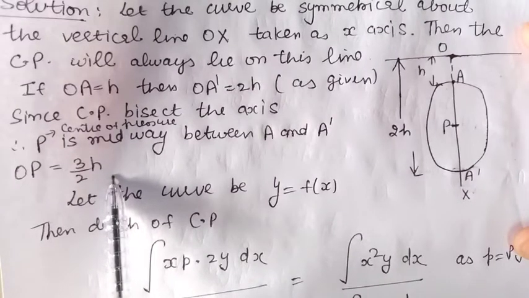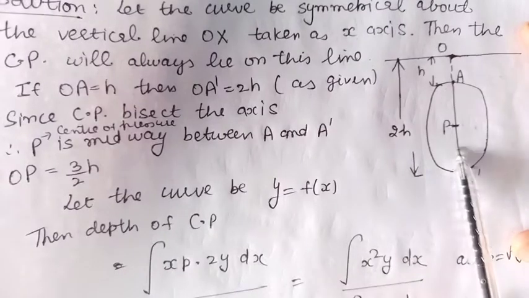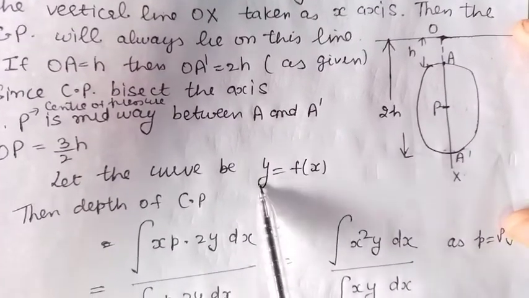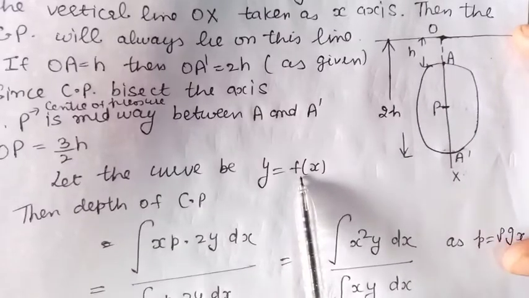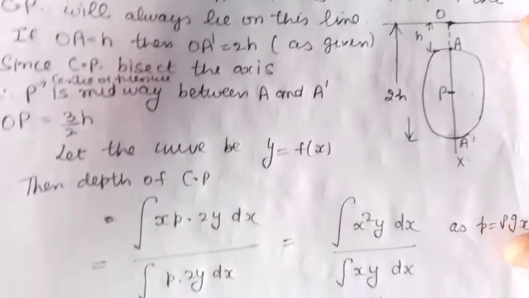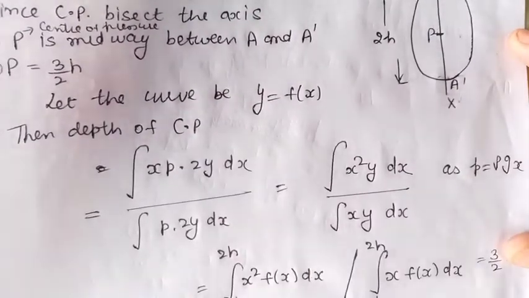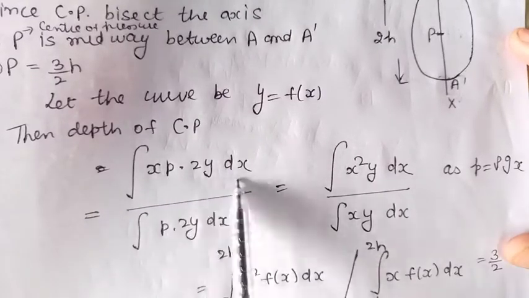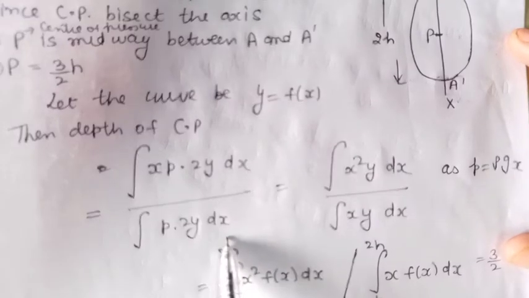Now, because we have to find the equation of the curve which is symmetrical about this vertical axis, let us take the equation of the curve as y equals f of x. f of x means a function of x. Now by the formula for the depth of center of pressure, it is given by integral x into p into 2y dx upon integral p into 2y dx.